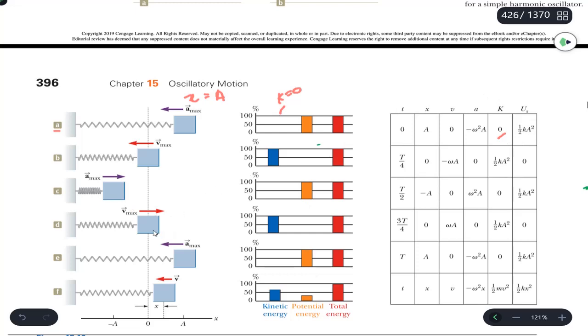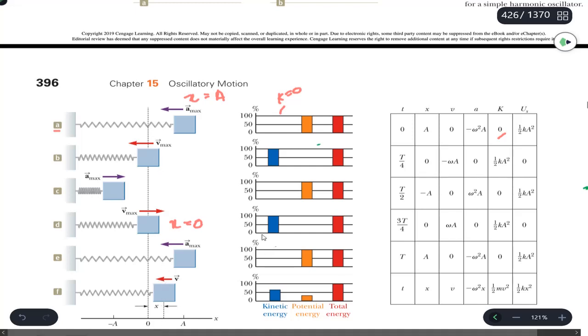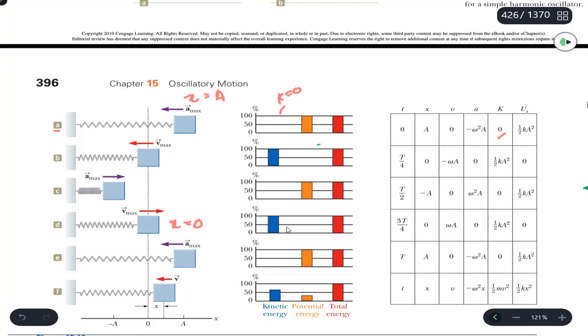Right, let's look at another version at location D. So D is where the position is at the equilibrium. The line here indicates its equilibrium. Look again at how the potential energy now turns to be 0. Same thing with the acceleration.